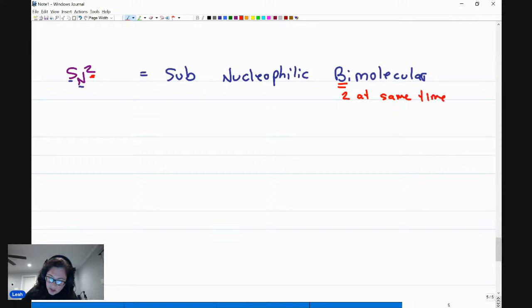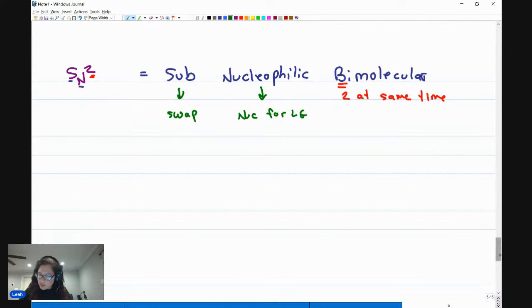It's not one does a thing and then the other one does a thing. No, they bump into each other and they react together. So what we're doing, as a reminder with the shortcut, the substitution just means a swap. And what specifically am I swapping? The nucleophile for the leaving group.